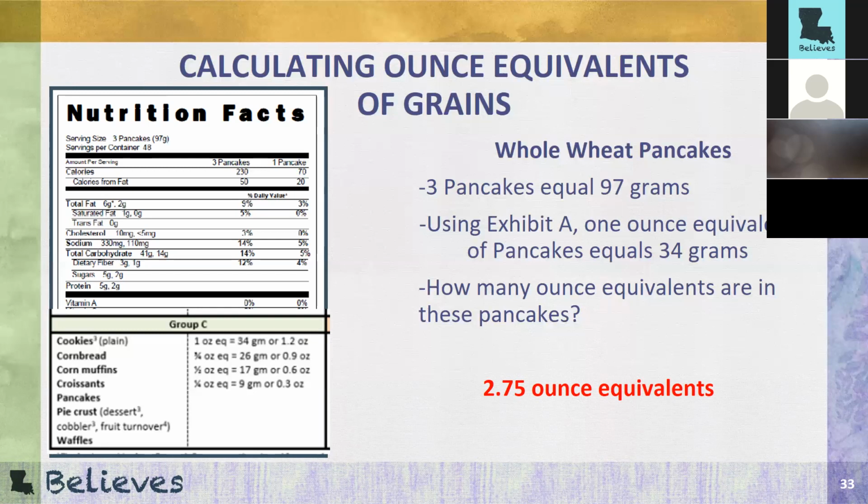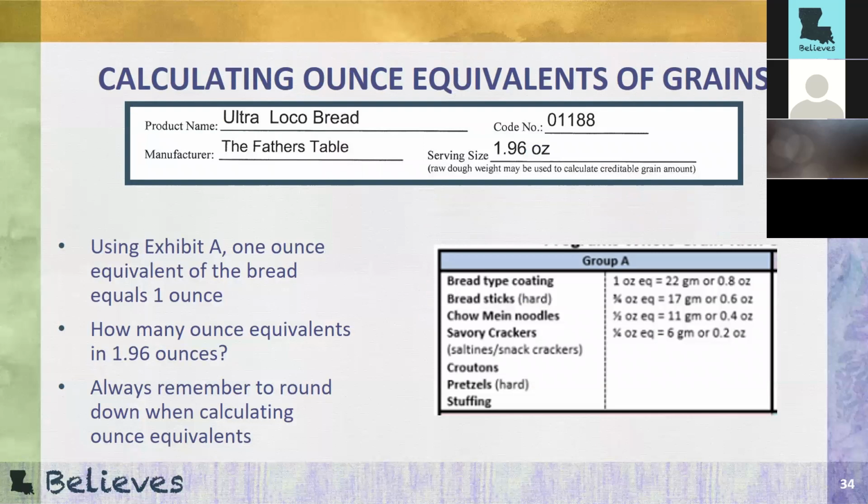So that would be adequate for the 1 ounce requirement of grains. Then on my bread with the funny name, the Ultra Loco bread, it's a big piece of bread, and the serving size is 1.96 ounces.